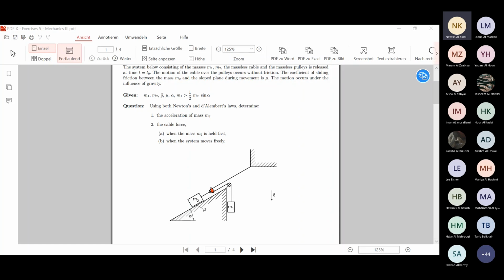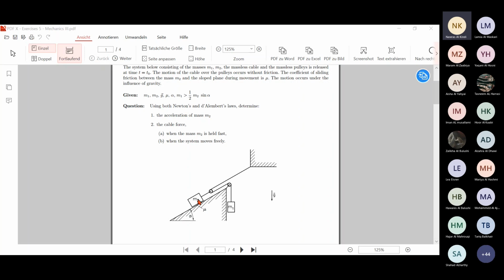The coefficient of sliding friction between the mass M2 and the sloped plane during movement is mu. That means there is friction between the sloped plane and the mass M2.